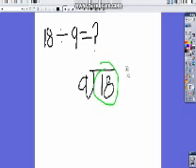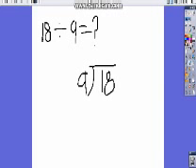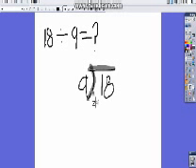The 18 is surrounded by this symbol, and that is like a house for the 18, so you can think of it as the dividend. So this is the dividend, and then you would have your quotient.